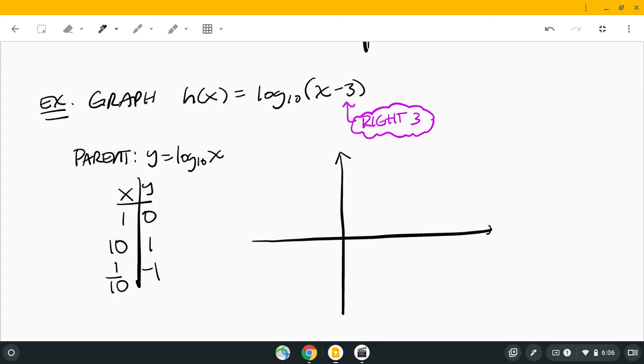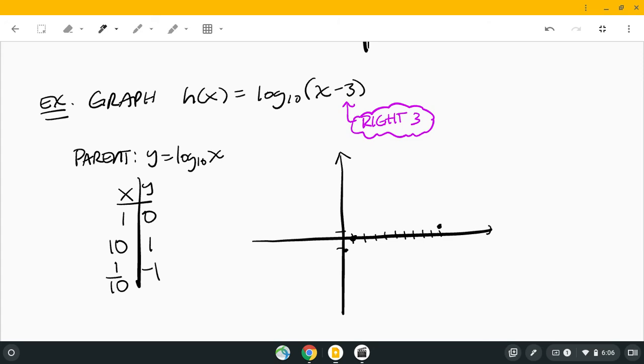So we have (1, 0), then (10, 1), and then (1/10, -1). These 3 points are for the parent function.